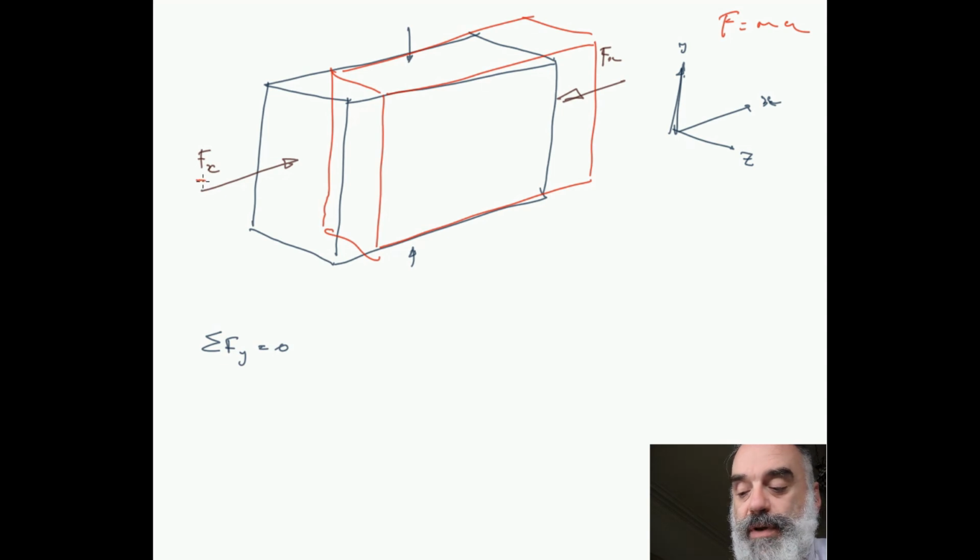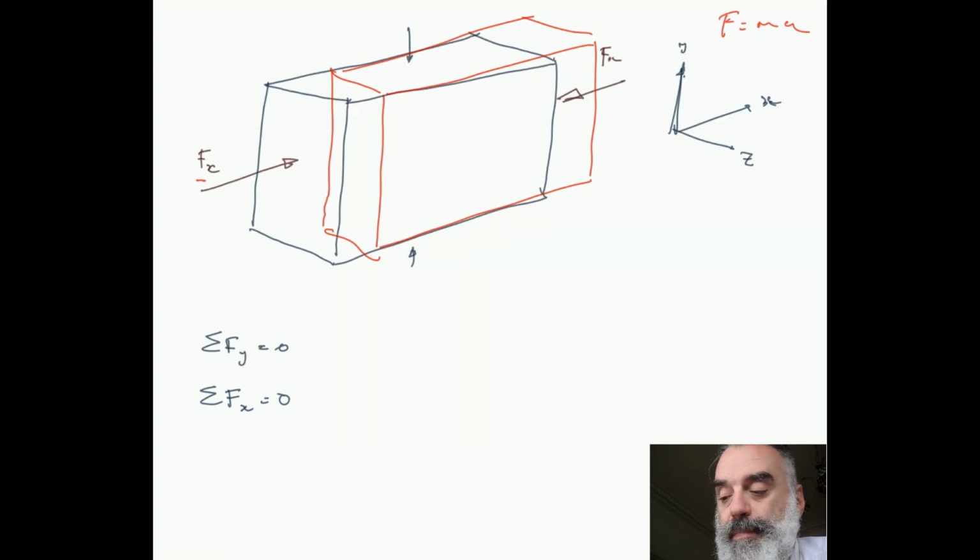So again, we can come up with another equation which says that the sum of all the actions or forces in the x direction have to add up to 0 for this structure to be in static equilibrium.